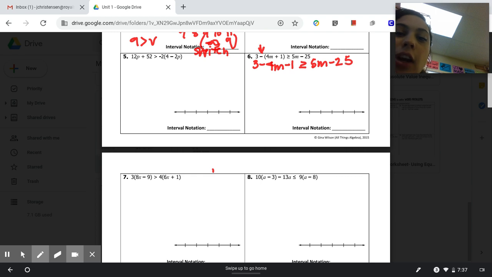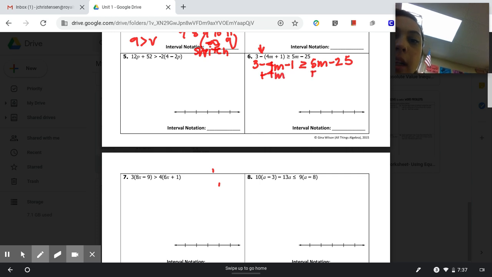Let's get all the variables on one side. Since the m is negative on the left side, we'll just add 4m to both sides. Then we get 3 minus 1, which is 2, so we're left with 2 is greater than or equal to 9m minus 25. We'll add 25 to both sides.